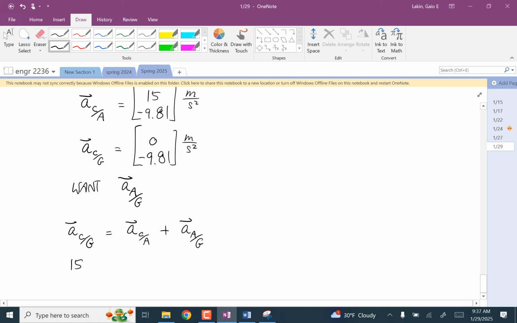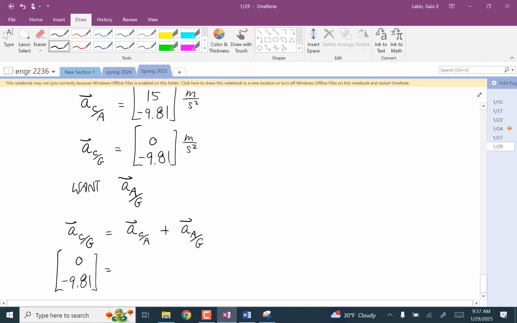So 15, negative 9.81 is equal to, nope, that's the wrong one, sorry. Cup relative to the ground is 0, negative 9.81.